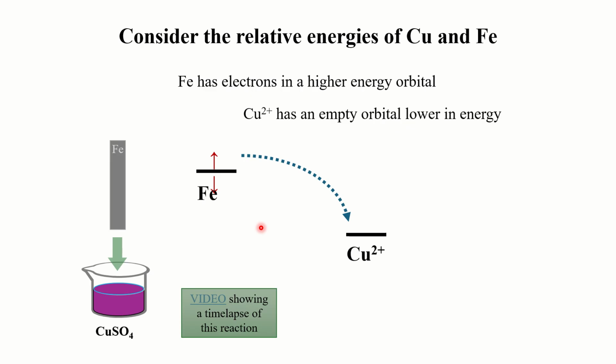If we were to look at the relative energies in an orbital diagram, iron has 2 electrons in a higher energy orbital, whereas that copper ion has an empty orbital lower in energy, so these electrons will flow spontaneously downhill, so to speak, from iron to copper, which is why those electrons are being donated, and why the iron is oxidized and the copper is reduced.